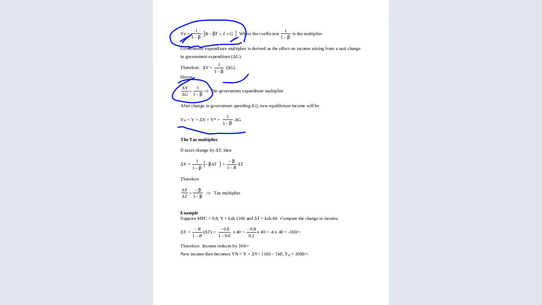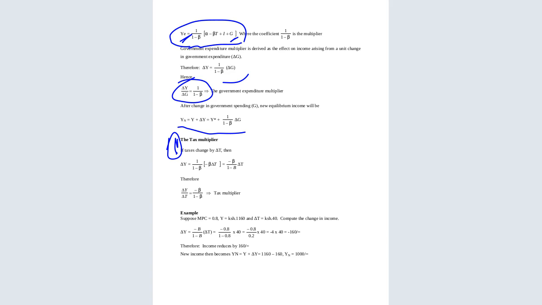So we can also move and compute the tax multiplier. We have the tax multiplier also. So if our taxes change, remember we used lump sum taxes in our previous multipliers, like the one that we have just discussed on the government expenditure.